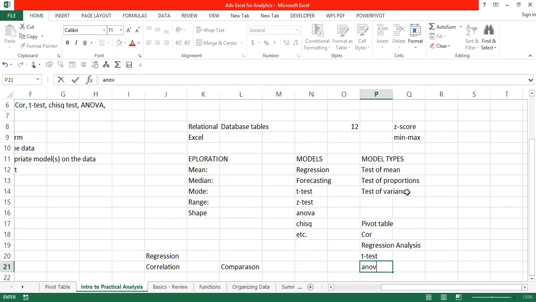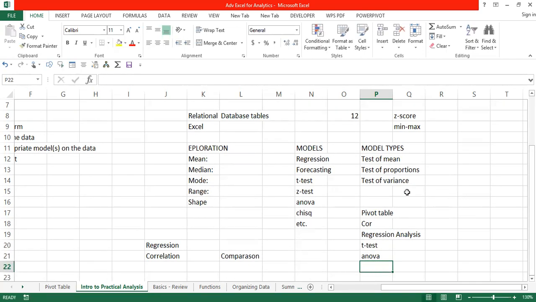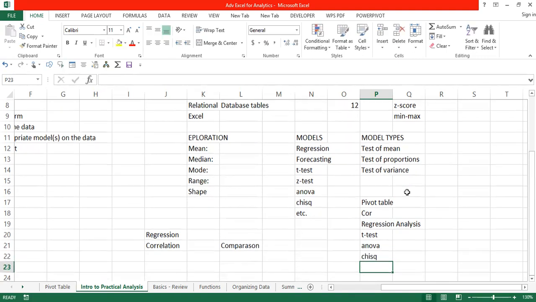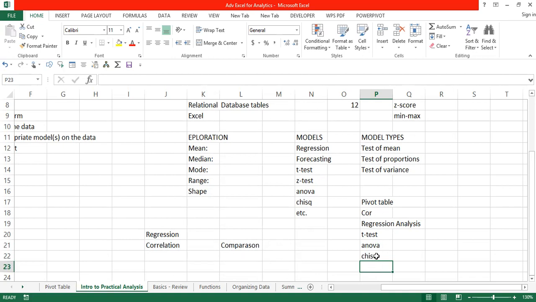ANOVA. And so on. Even chi-square tests. You should be able to play around with some of these models in Excel. In Excel, they are quite simple. Even in R, they are simple as well. So you should be used to them and be able to work with them.